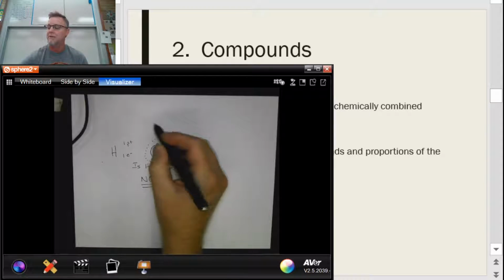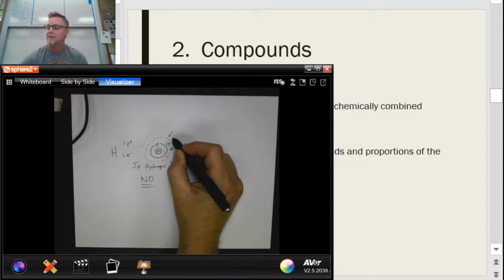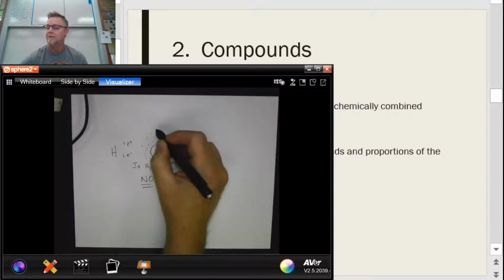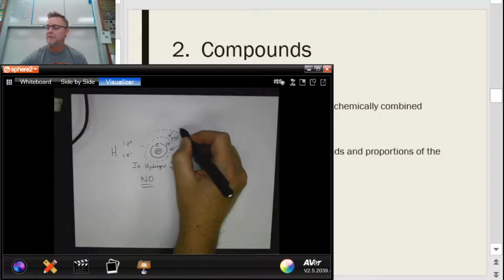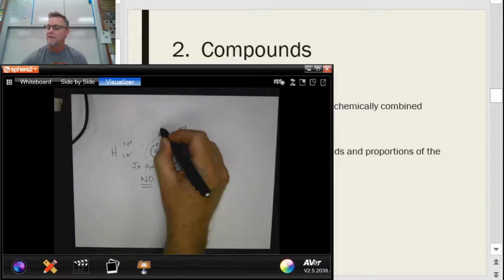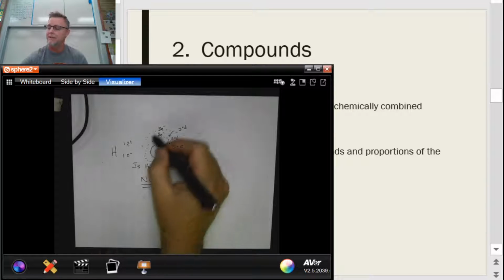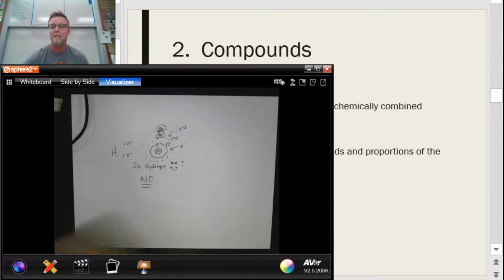Each shell after the first one, this is the first shell, second shell, right? Out here to the third shell, and so on. Each of these can hold 8 electrons. So the atom will work really hard to get 8 electrons in each of those outer shells. And it won't be satisfied or happy until it does that.